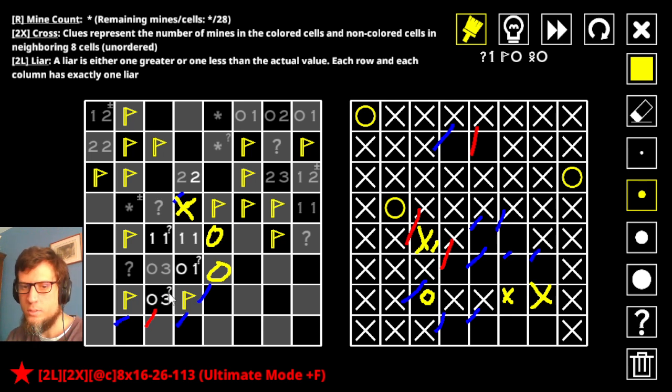So a lot of things can happen here. Either this is a mine along with one of those two, or just none of them are. This could still be a mine, couldn't it?